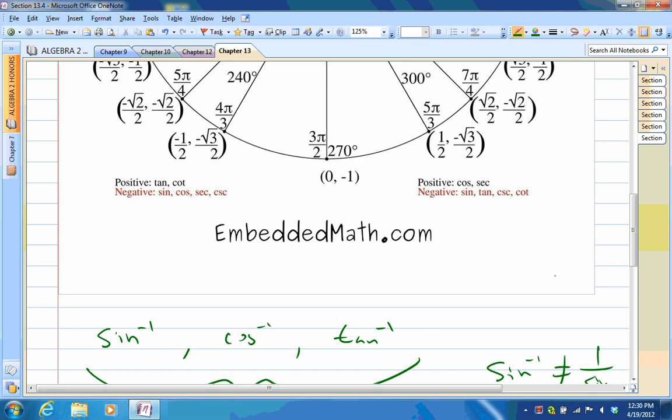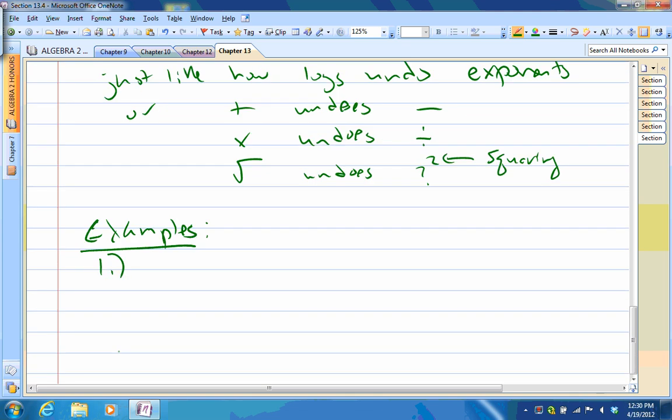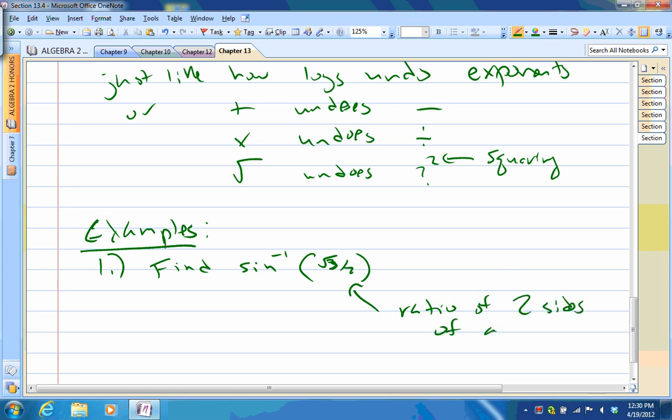So say, for example, a problem asks you to find the inverse sine of root 3/2. So whatever you put inside here will always be a ratio of two sides of a triangle.